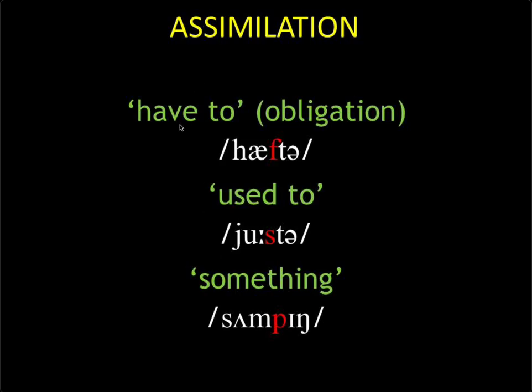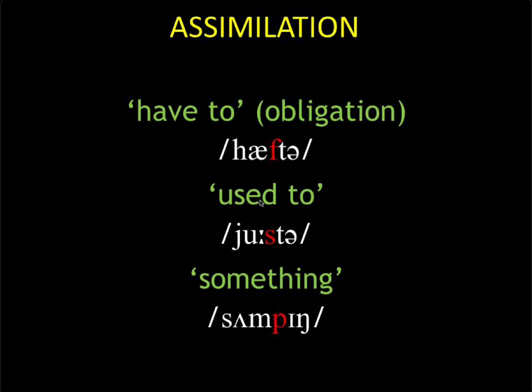Three typical assimilations are for these very frequent phrases, okay? So have to, when it's used as a modal expression for obligation, the v might become voiceless because of the voicelessness of to, okay? So instead of have to, we might pronounce it as have to, I have to go.